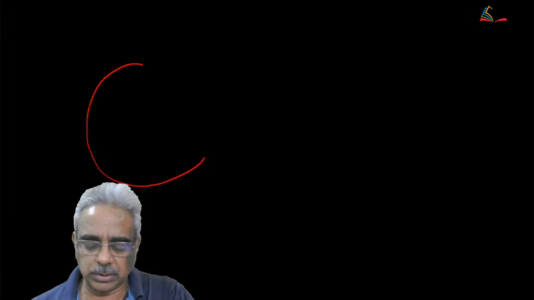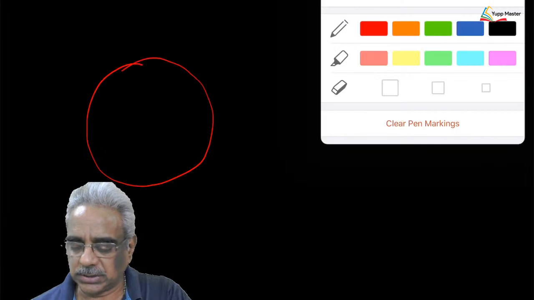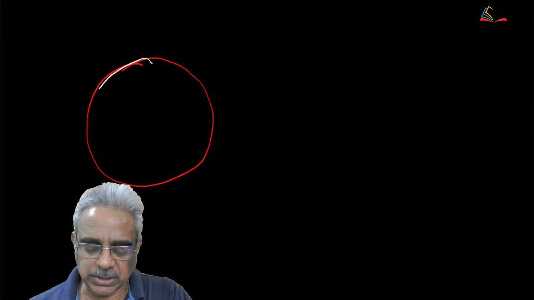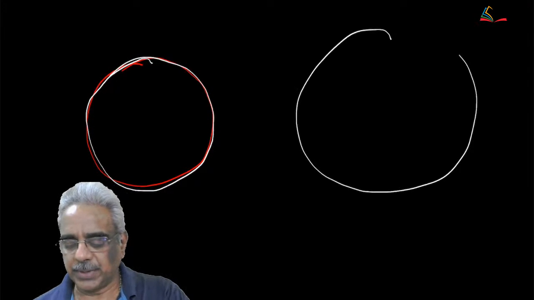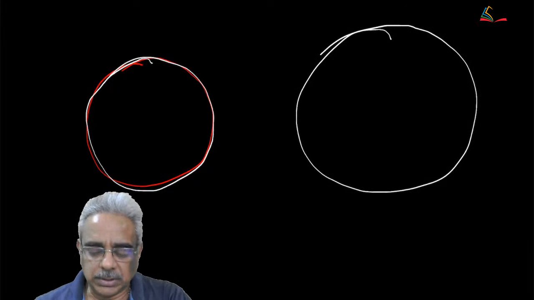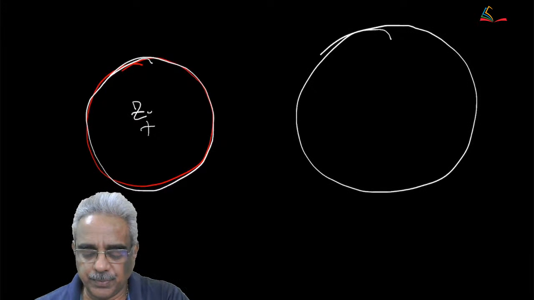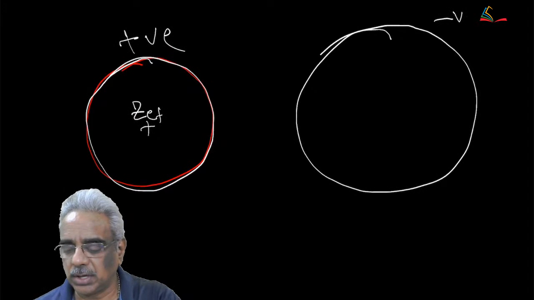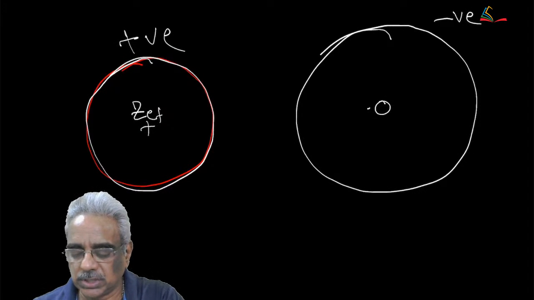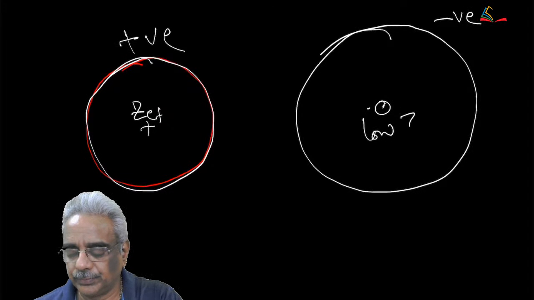Basically, the cation is spherical, we expect. The anion to be spherical, we expect. But the nucleus Z effective becoming more, because this is positive ion and this is negative ion. This nucleus will have low Z effective.